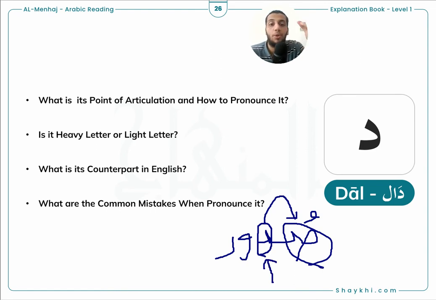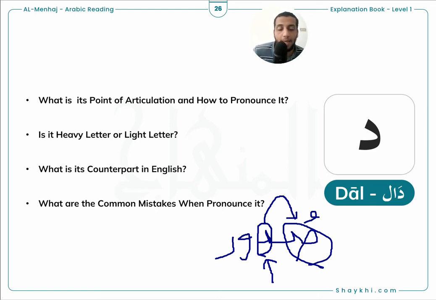Okay, so this is one of the common mistakes, as we said before, making the light letter heavy because it comes after a heavy letter, which is the case in this word.